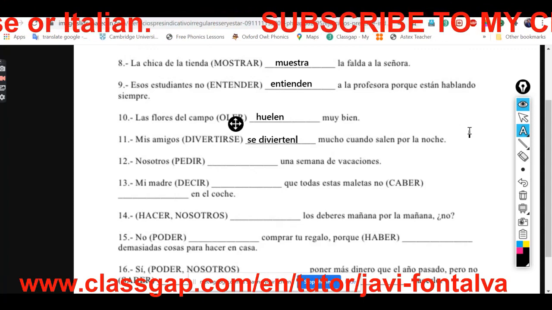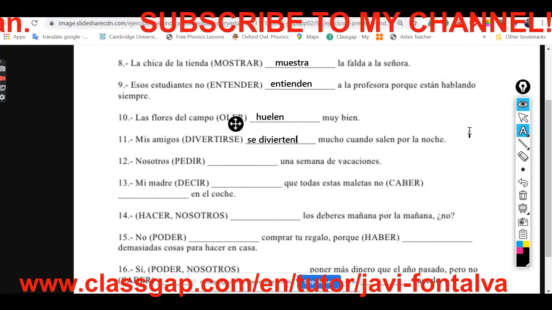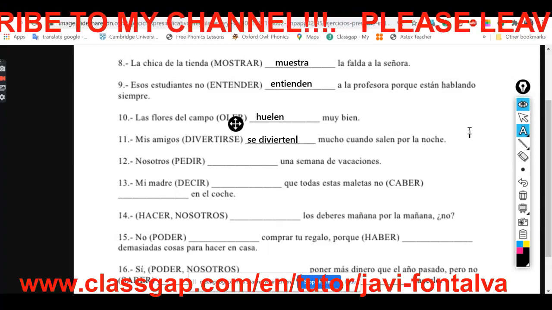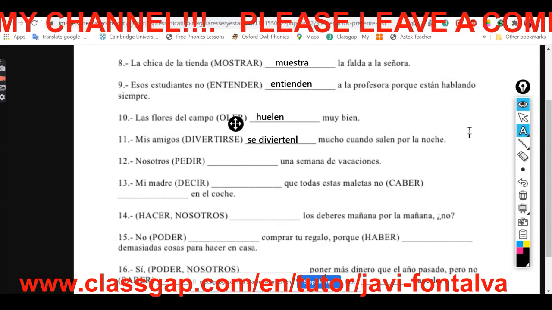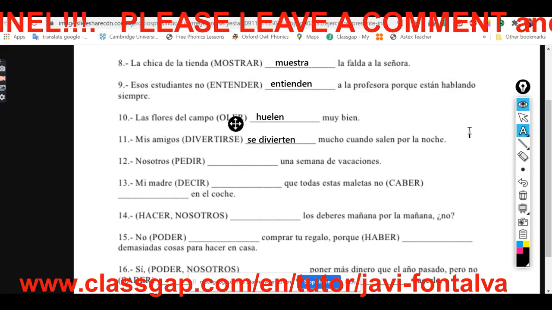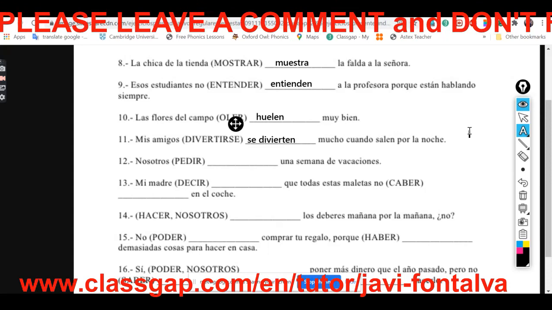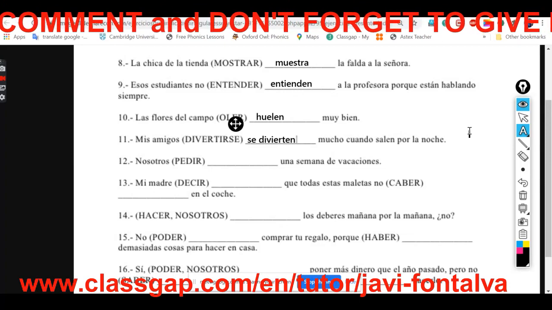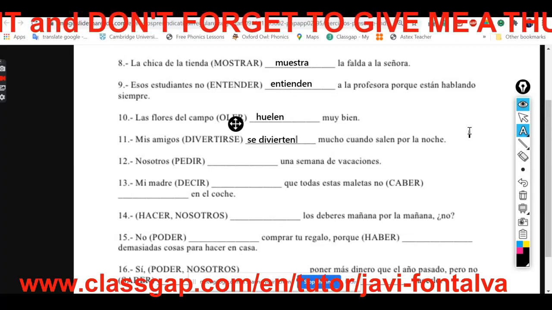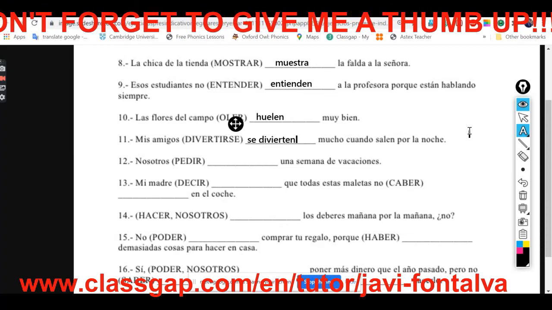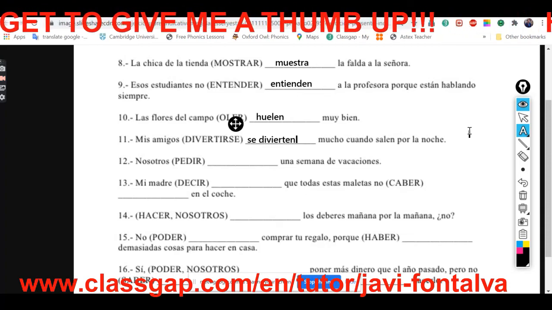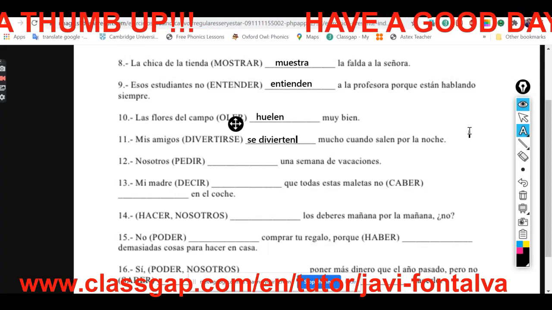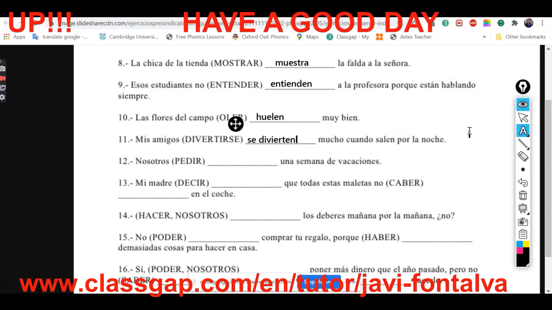The only difference is you have to add an extra word: me, te, se, etc. That basically means myself, yourself, etc. So se divierten means they amuse themselves, or they are having fun. So, mis amigos se divierten mucho cuando salen por la noche. What does that mean? My friends have fun a lot when they go out at night.